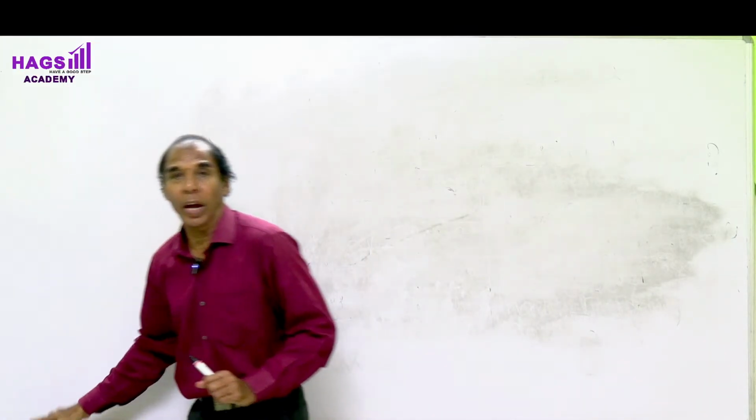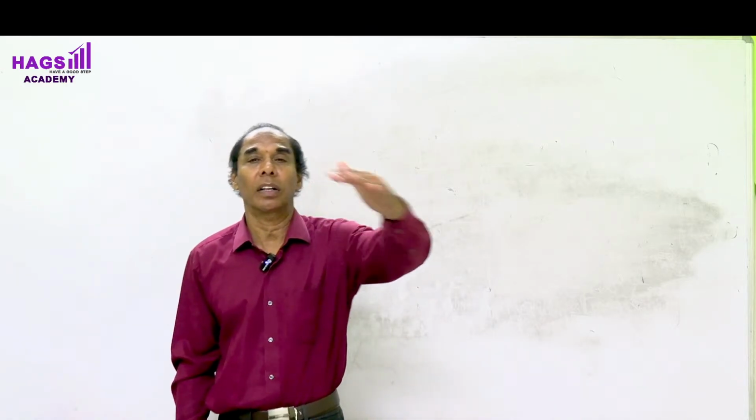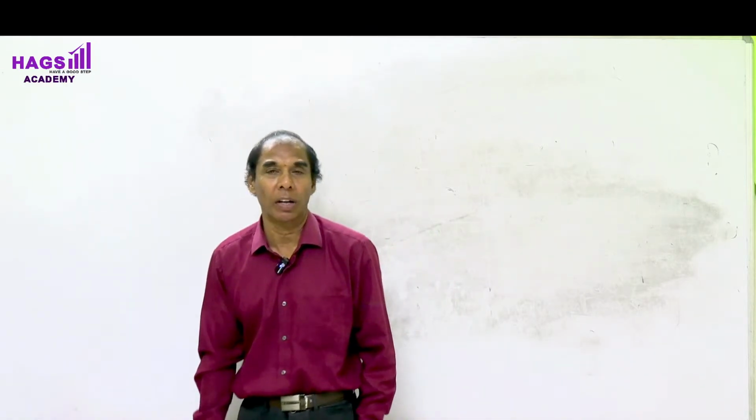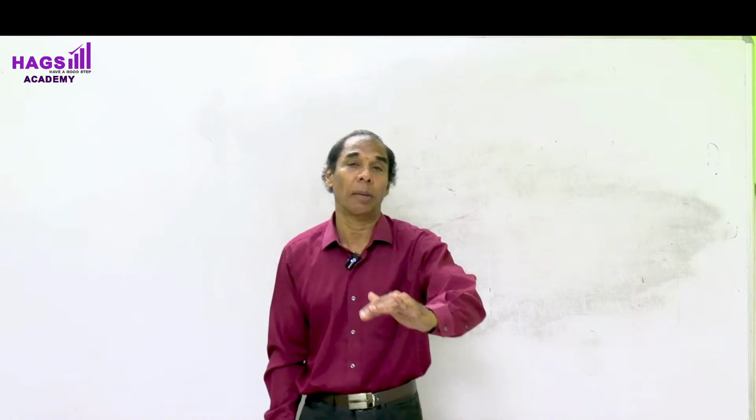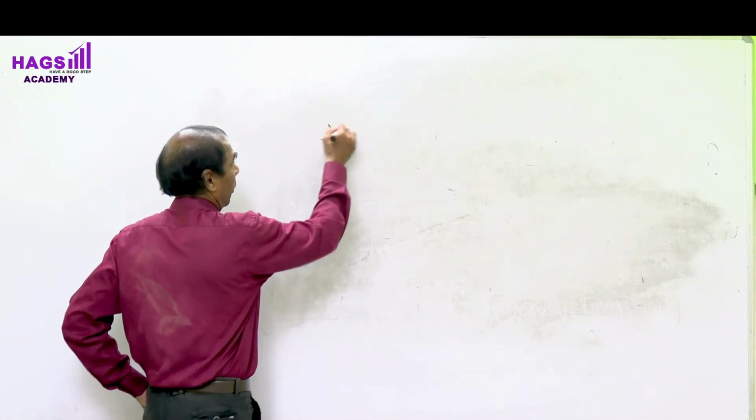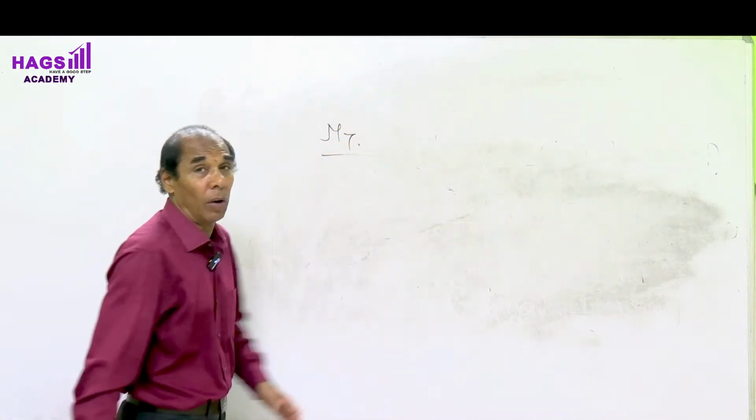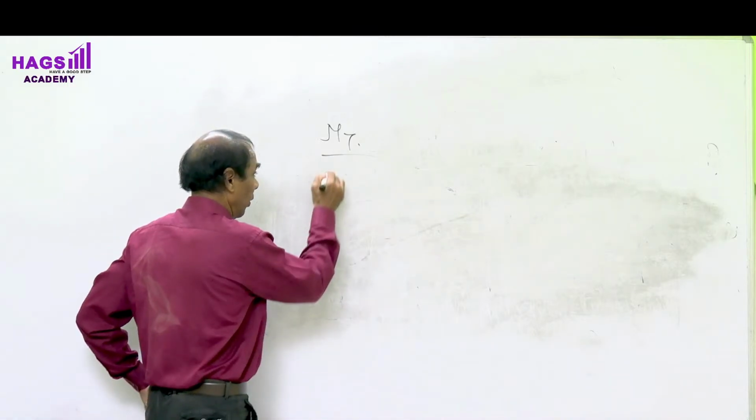So far we have covered 6 models. How many models? 6. Now model number 7. What is model number 7? Look at the board.